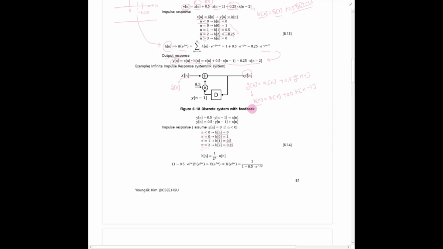Now consider these equations. If n equals 0, then h[0] is delta[0], so that is 1. And if n is greater than 0, then delta[n] is 0, so h[n] is 0.5 times h[n minus 1].